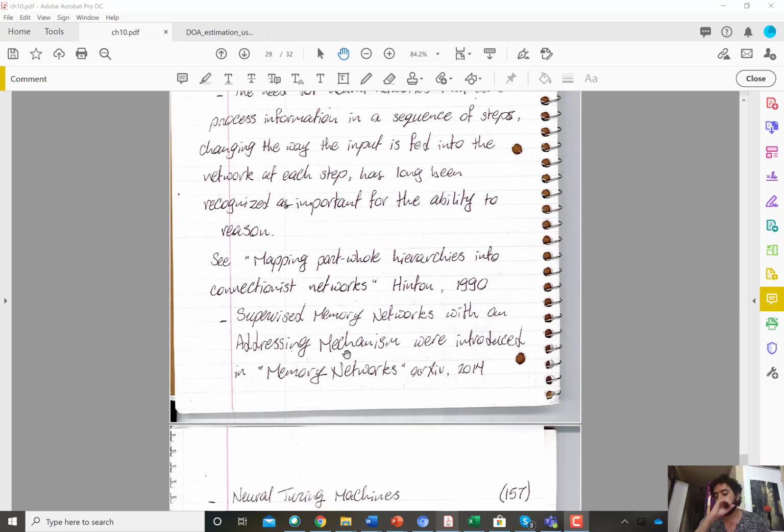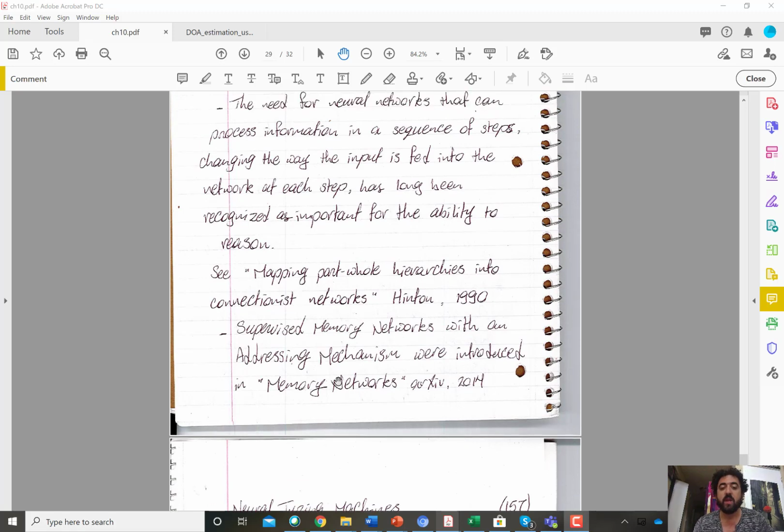Now, one of the recent attempts in 2014 on implementing neural networks with memory was basically on implementing a supervised memory network with an addressing mechanism. So you have an addressing mechanism like the one that you have in general purpose computers, and by the way, this memory model in general purpose computers is called the von Neumann model, right? And it's basically location-based addressing.